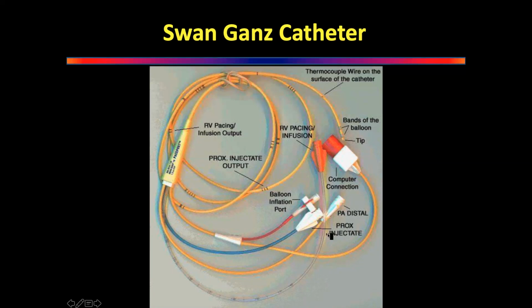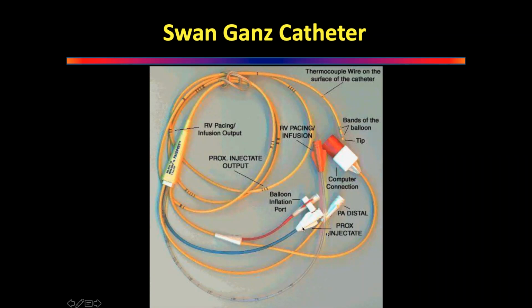And these two, PA proximal and PA distal, allow you to inject stuff before the balloon and after the balloon, because you use a technique called thermodilution, where you inject cold saline and measure the temperature change as it goes from proximal to distal, which means from the pulmonary artery into the left atrium.